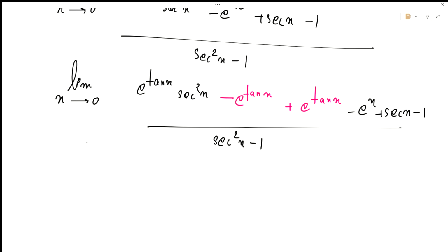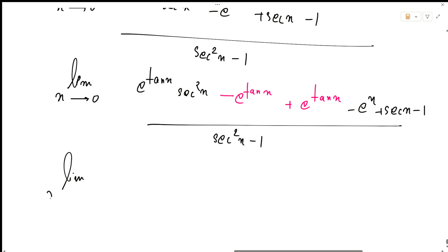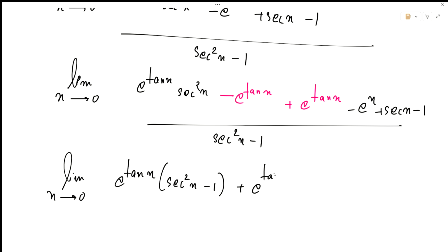So what do we get over here? This is limit x tends to 0. If you take e to the power tan x common, we are going to get sec square x minus 1. Likewise, you take e to the power x common, so you are going to get e to the power tan x minus x, minus 1.